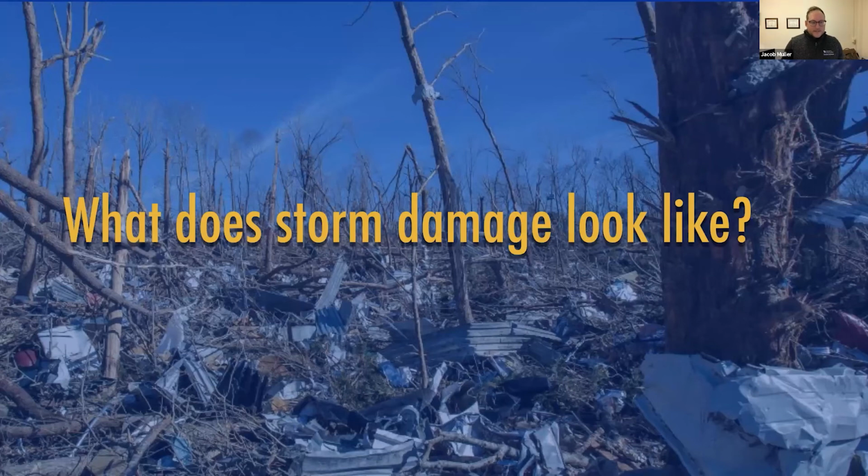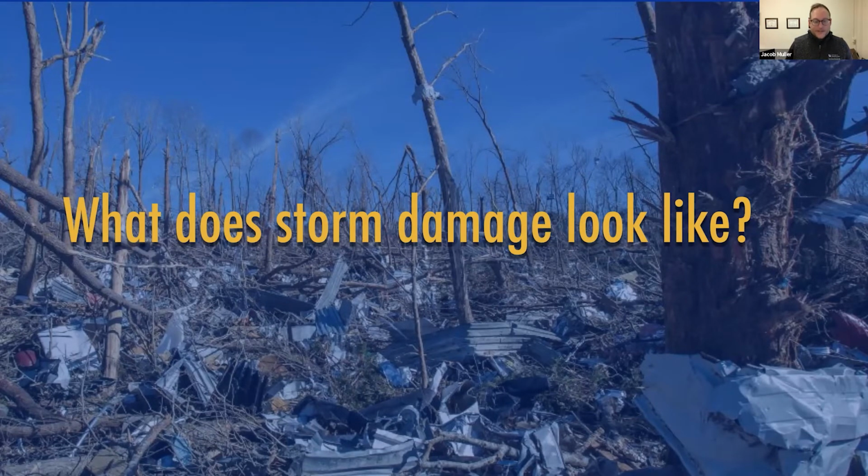So what does the storm damage look like? Right? It depends, right? If you were, again, unfortunate to be right in the path when that tornado was a mile wide, you could be facing some very severe damage, right? Some areas that might not be salvageable, right?